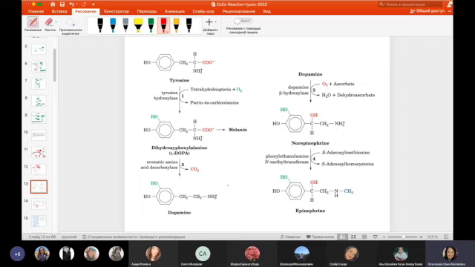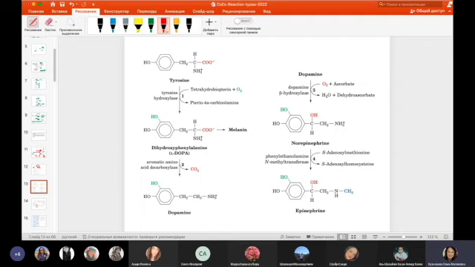How is it possible to convert tyrosine to epinephrine? Here you can see the set of chemical conversions which lead to formation of epinephrine in the adrenal glands, in the adrenal gland medulla.